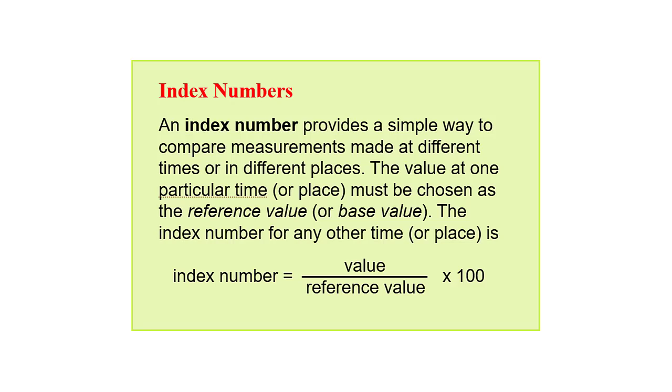So you can think about an index number as being the price of something divided by some reference price. And then they multiply by 100 to turn it into a percentage. So you can just see that this price is 120% of the index, the chosen reference price, and so on and so forth.